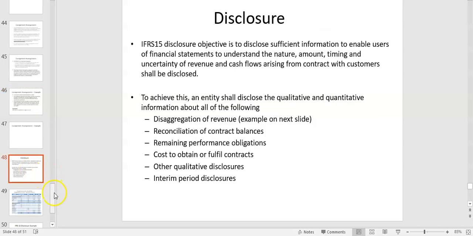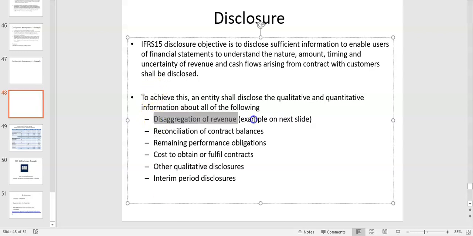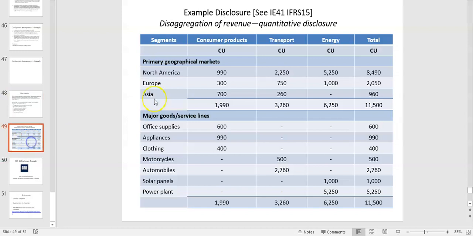The other key thing that IFRS 15, as all standards do, requires is disclosure. There's a huge amount of disclosures required, particularly in terms of disaggregation of revenue, splitting revenue out into detail, not just giving a single figure, but splitting it out, for example here, by the different product lines that you have and different geographical regions as well.